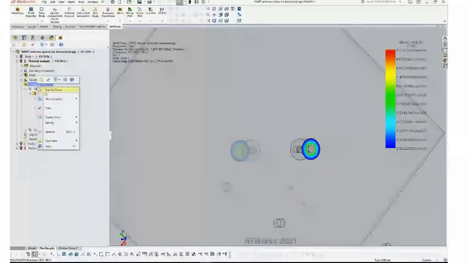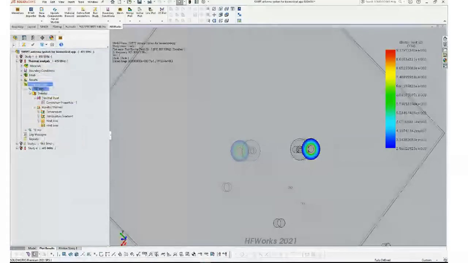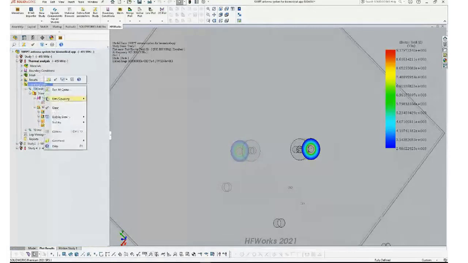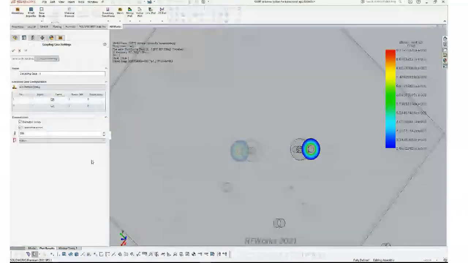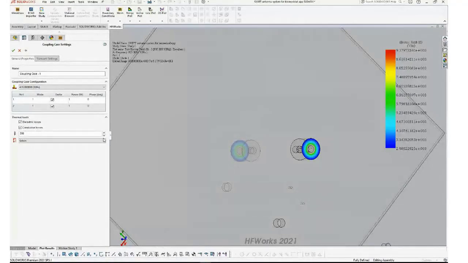When I do coupling, I have my 100 milliwatts as a steady state. I can go and do a new one and do a transient. This is a good question. A steady state means you keep applying power forever, until things reach steady state, and that's not a realistic scenario.